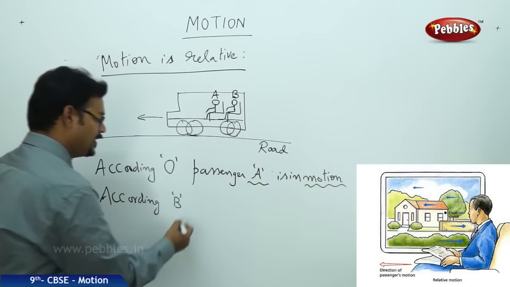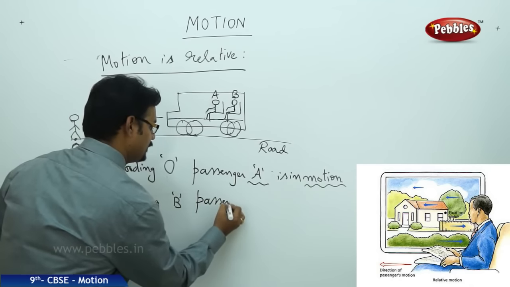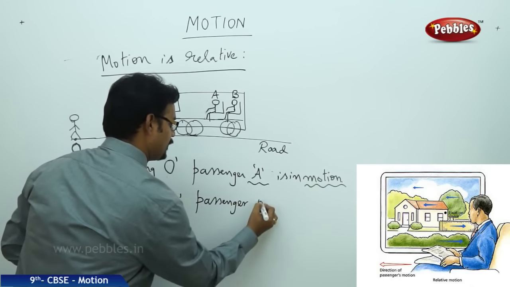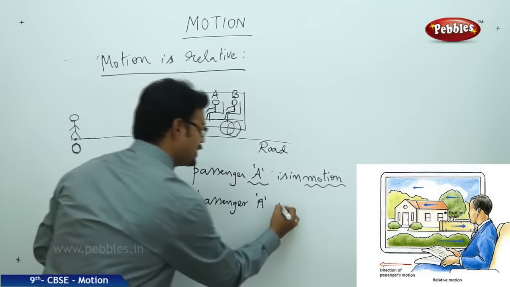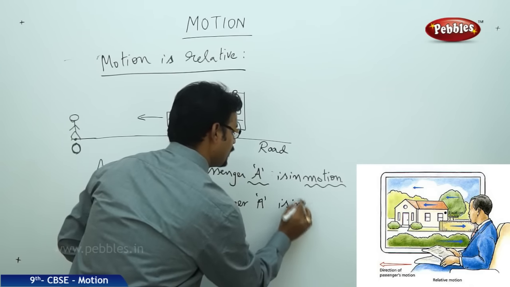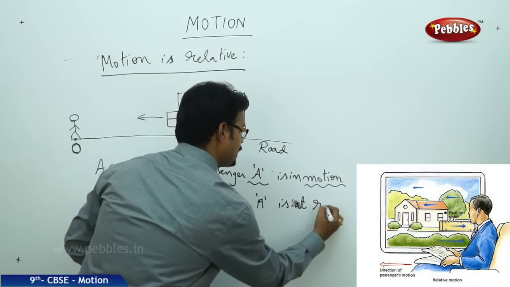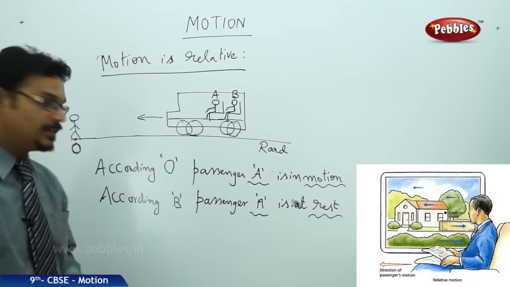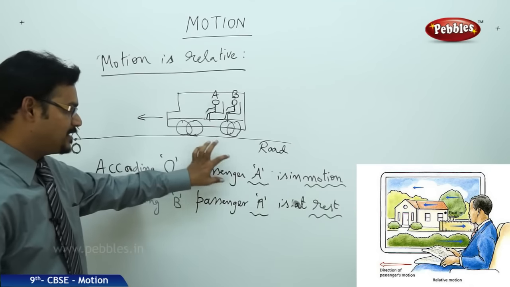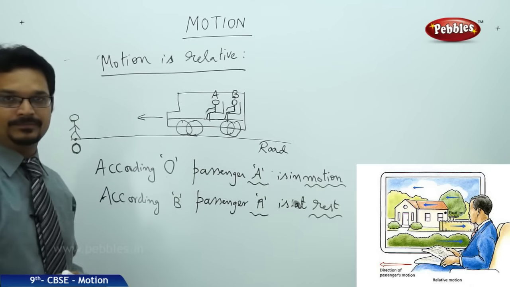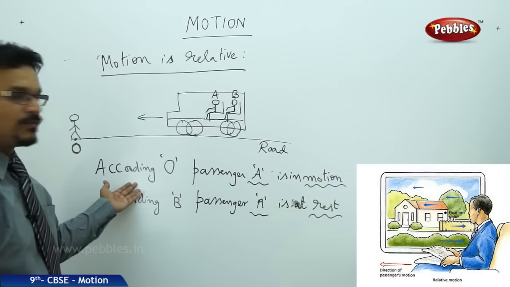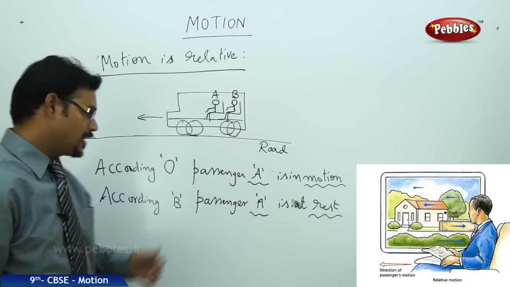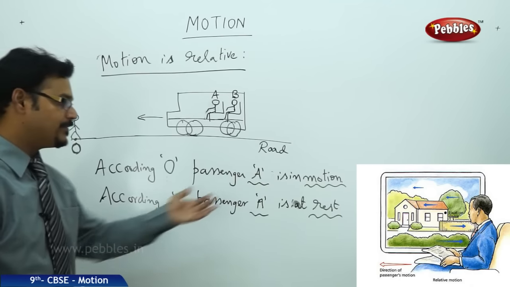So according to B, passenger A is at rest. See, I have taken the same passenger A in 2 cases. In one case, according to observer O, he is in motion. In another case, according to B, he is at rest.